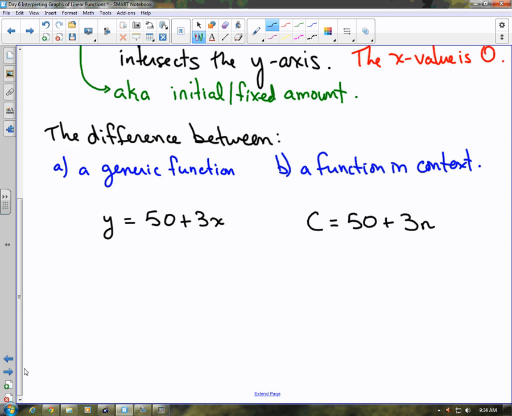You might look at that and say, I don't really see a difference other than the variables have letters. But in context, the variables have meaning that is relevant to the context.